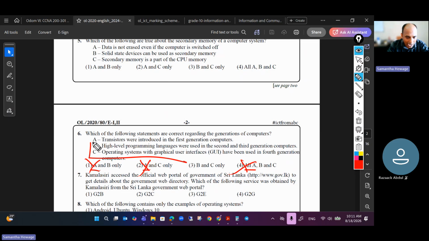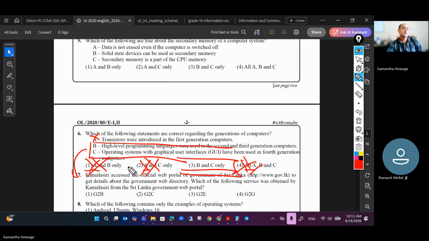You don't even look at this because you already know this is wrong. You just check whether A is here, then not come. Here not come, then you just click this and go to the other question. This is how I am guiding the student, because then you will save time for some question which is hard. Then you can spend that time.